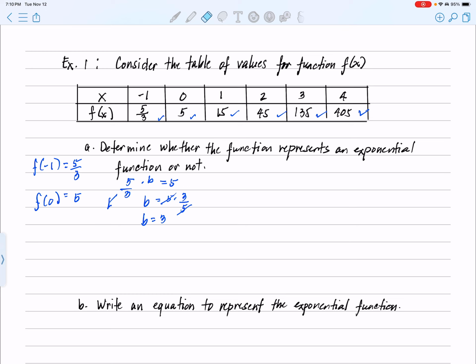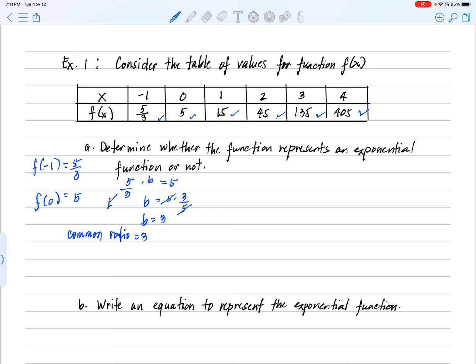Now we have the common ratio, which is equal to 3. And then we want to check if the factor works in the remaining values, like 15, 45, 135, 405.